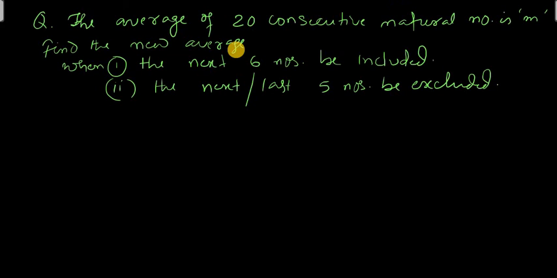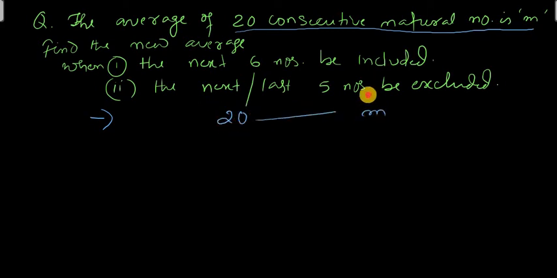Find the new average when the next 6 numbers are included and the last 5 numbers are excluded. So 20 consecutive natural numbers, the average is m. This is the average. Now in case 1, the next 6 numbers are included.